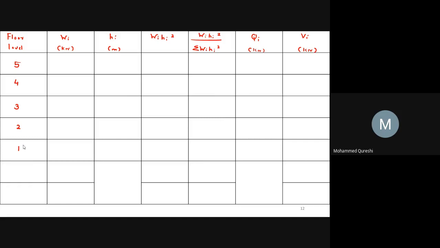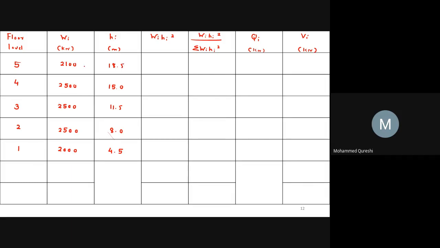And the value of Wi for each floor level is given in the data. So we will write that value: 2500 for fourth, similarly 2500 for third, for second also 2500, and for the first floor it is 2000, and the building heights are given as 4.5, 8, 11.5, 15, and 18.5.